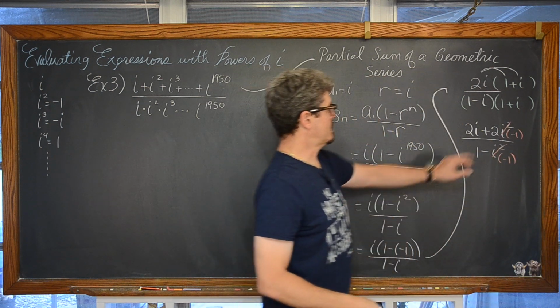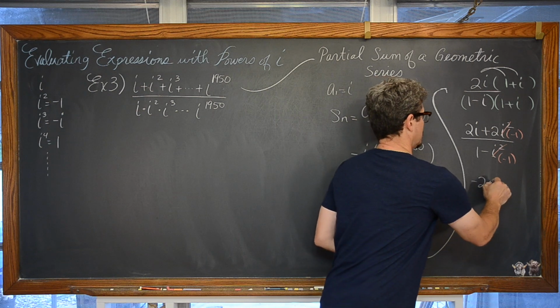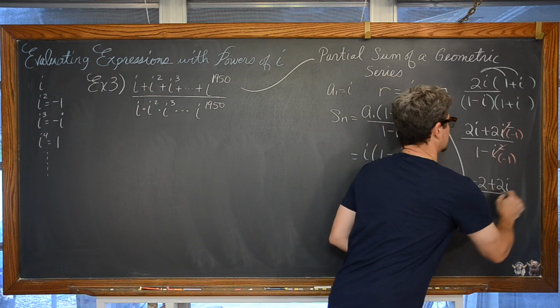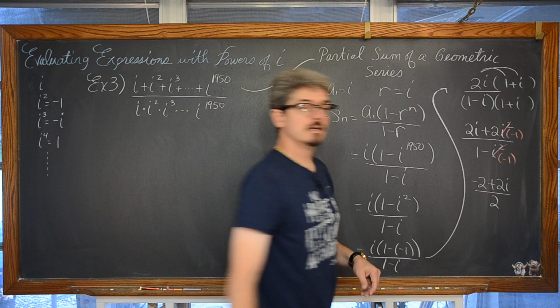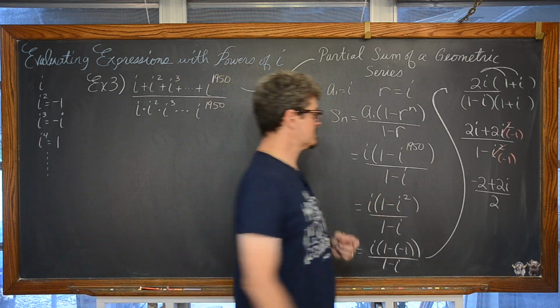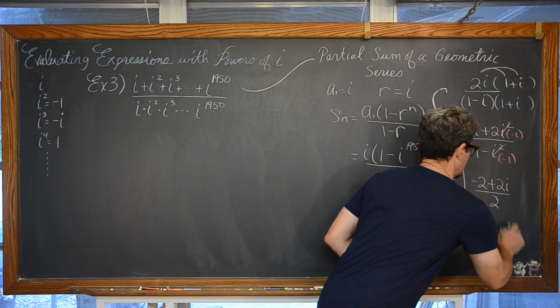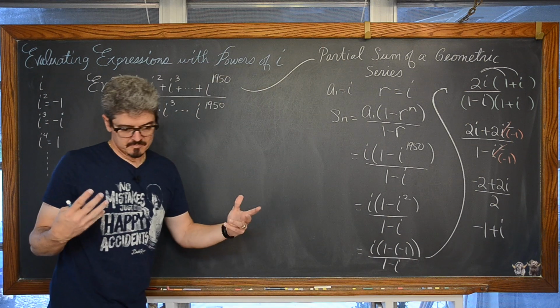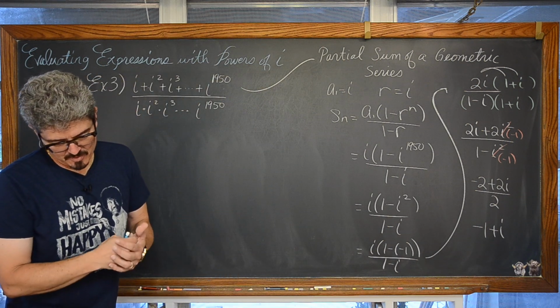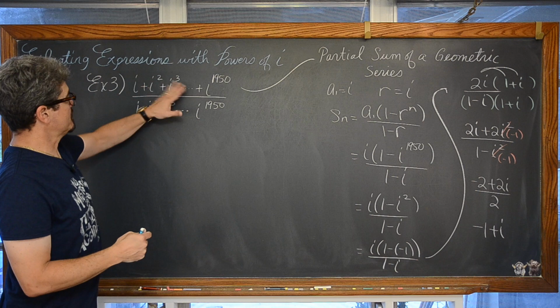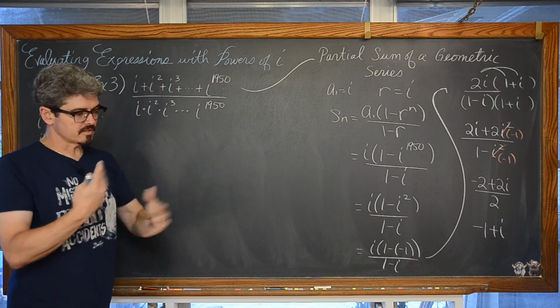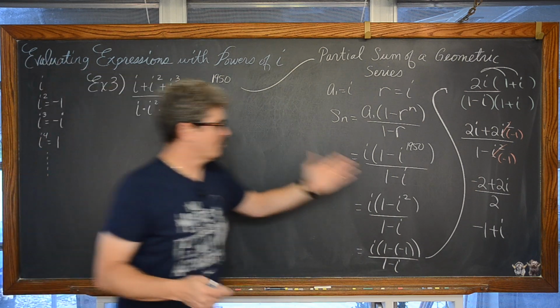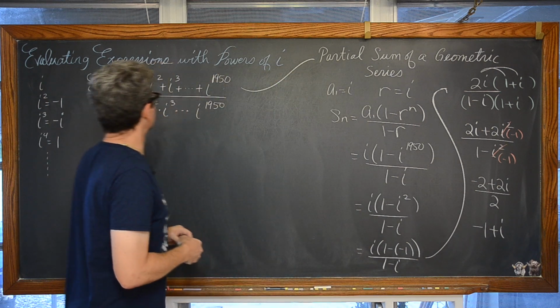So we're looking at negative 2 plus 2i over 2. Factoring the 2 out of the numerator and canceling, we have negative 1 plus i. The same numerator that we found when we took out all of those cycles of the addition of 4 terms. So there's more than one way to deal with this problem.